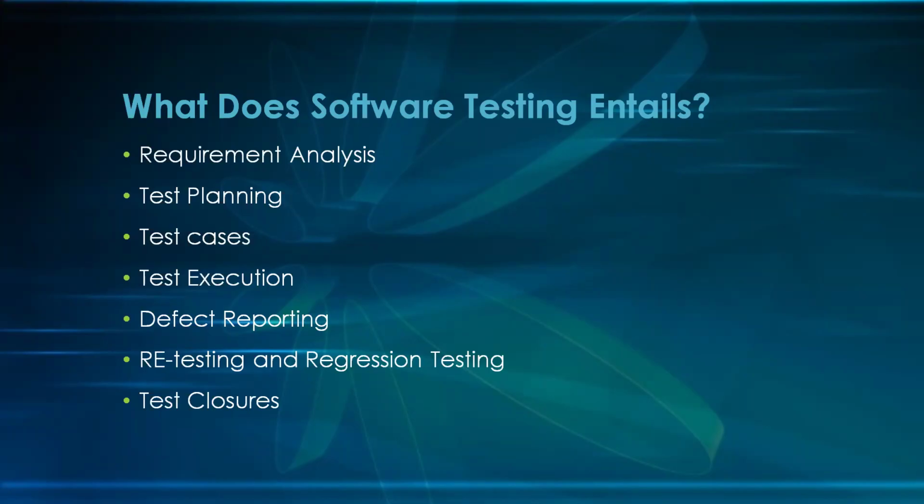Now, if I've reported that defect with the steps to reproduce, explaining how that bug was identified, and I assign it back to the developer, and the developer said it's fixed, then I retest it. That is called retesting. Why? Because you've tested it before and it failed, and now it's been fixed.